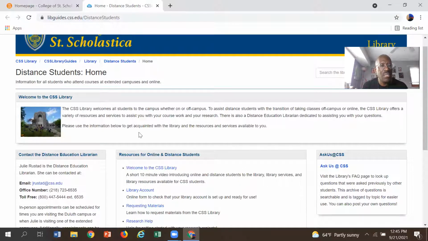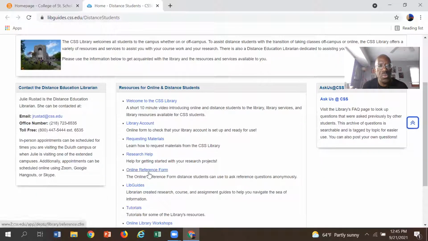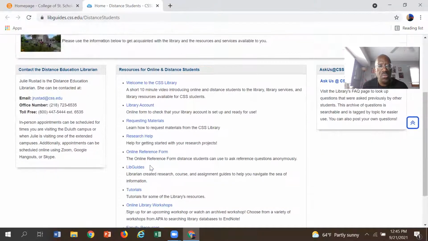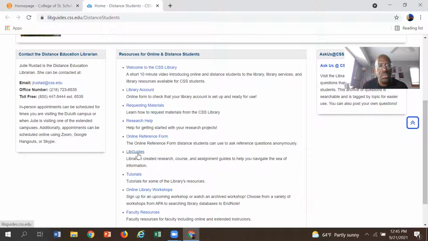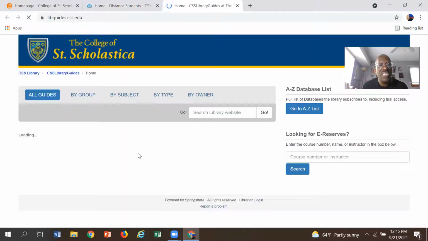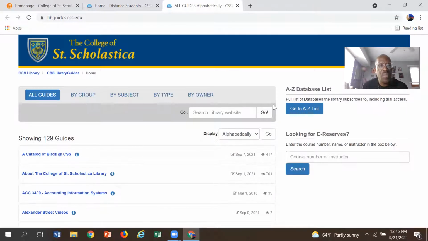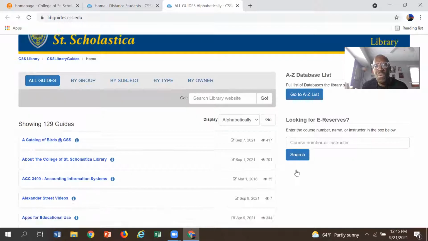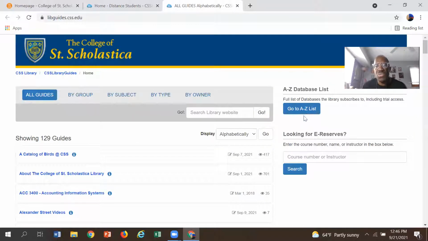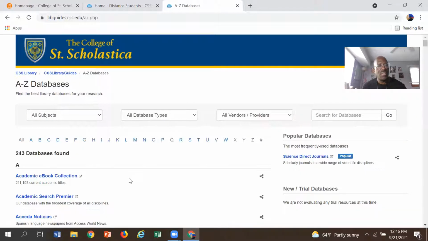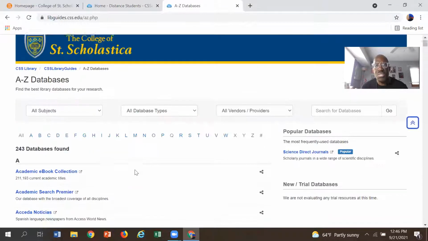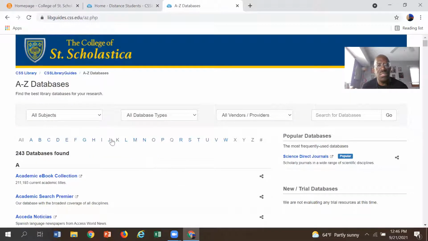I'm going to see if I can get into, let's see, I think it's LibGuides. So if you're looking for databases, let's go to your databases here. The one that we use a lot is Solar.